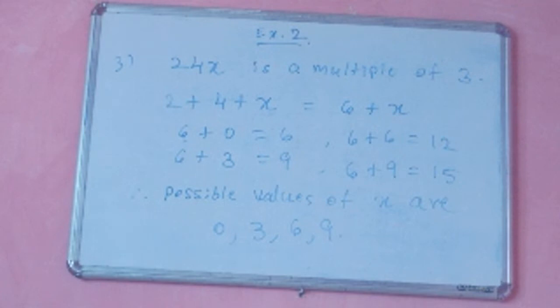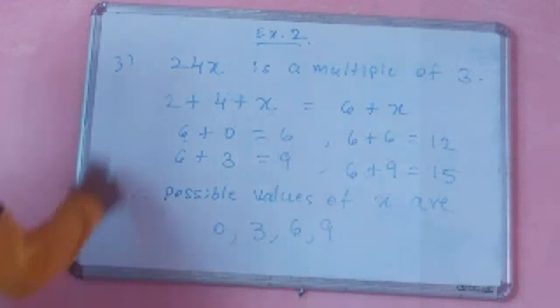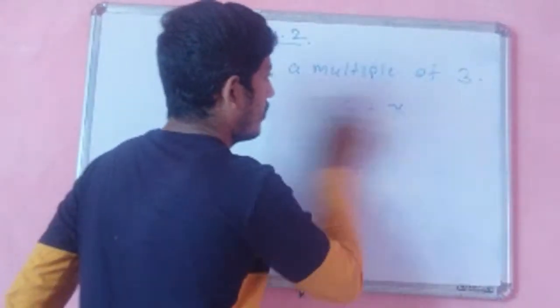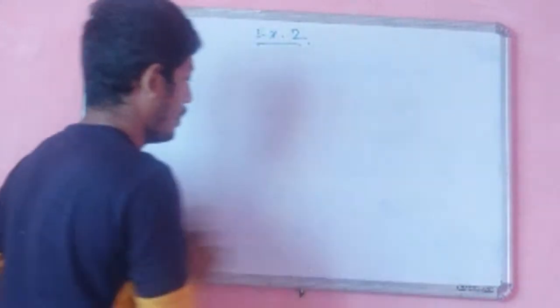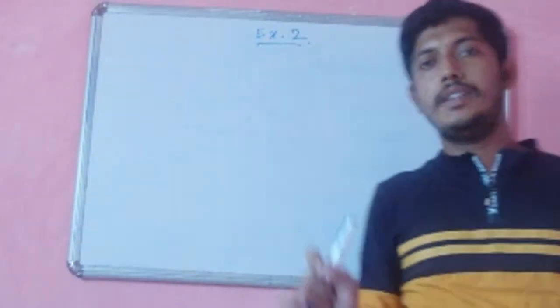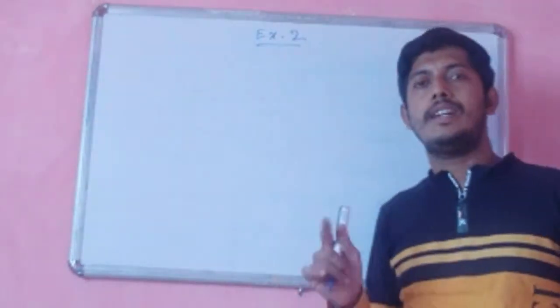Now the next one. We only have to substitute the value in such a way that the sum works. Here once again I will tell you, if the end digit is 0, then it is divisible by 10.